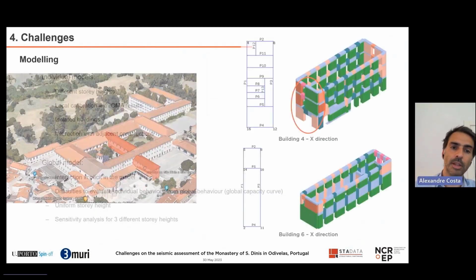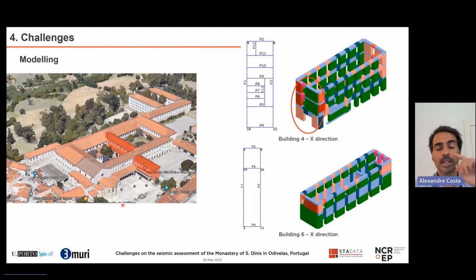We started from the individual models, but since the beginning, we decided not to go in this direction. For example, for building number 4, a simple model, this wall here is this wall. So if you do a seismic analysis in this direction, this is the damage pattern, and you can see that damage concentration is here in this wall.